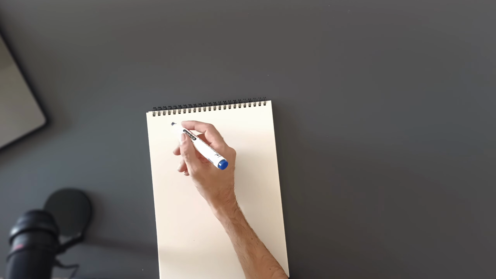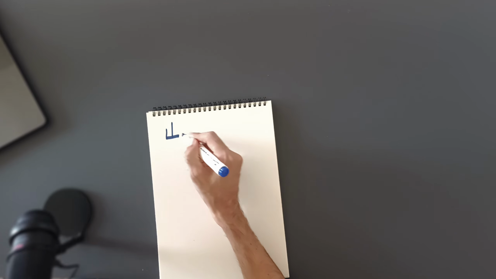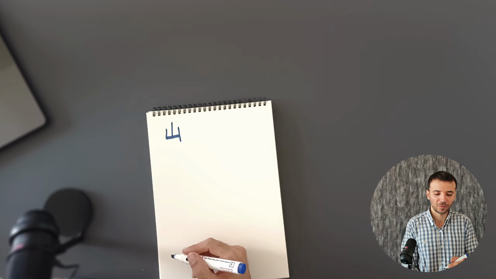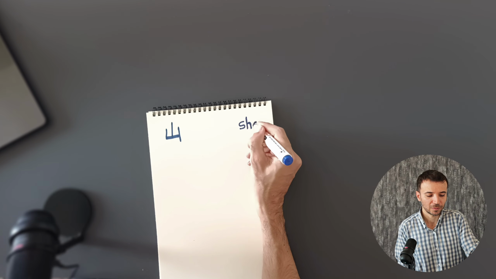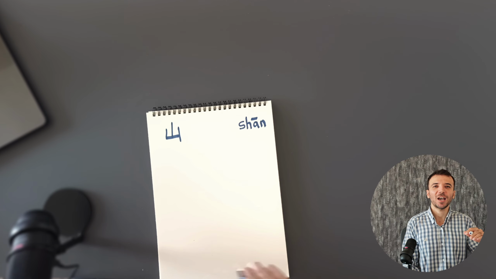Alright, now let's look at another character that is really easy, and also if you look at the old way of writing it, it just makes sense. Okay? 1, 2, 3. This thing is called shān, shān, shān. Try to repeat after me.